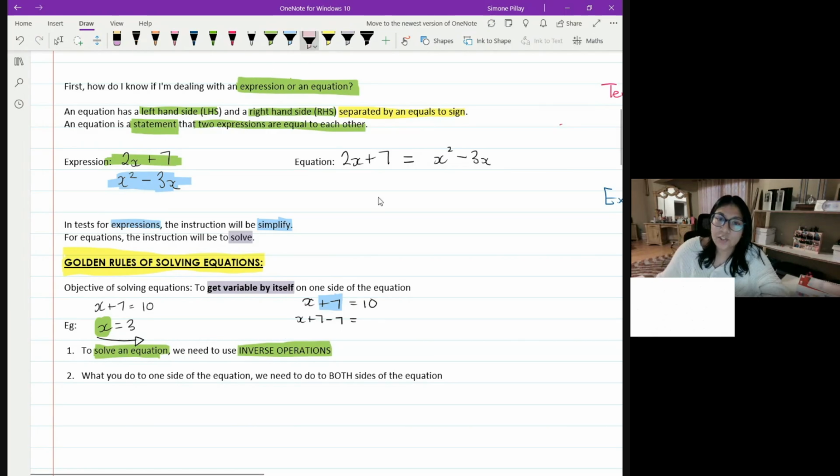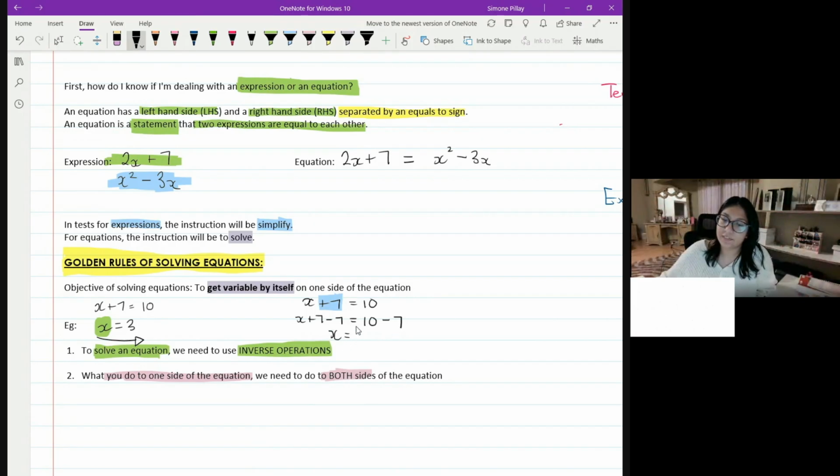But once you've used inverse operations, what you do to one side of the equation, you must do to both sides. So if I have minus 7 on one side, I must minus 7 on the other side. And you'll see that what you get now is x plus 7 minus 7 is just x.